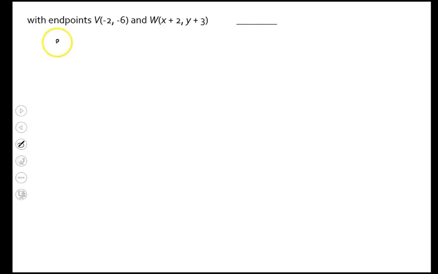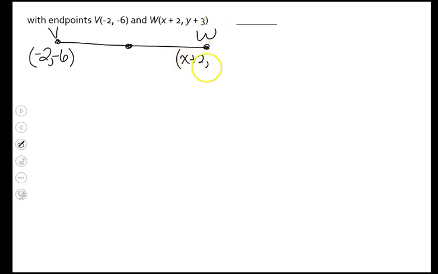you have the endpoints V and W, and they want you to find the midpoint. V is (-2, -6), and W is (x plus 2, y plus 3).